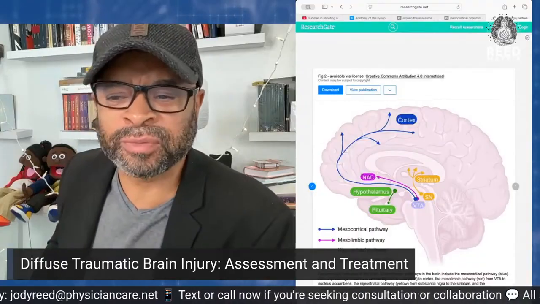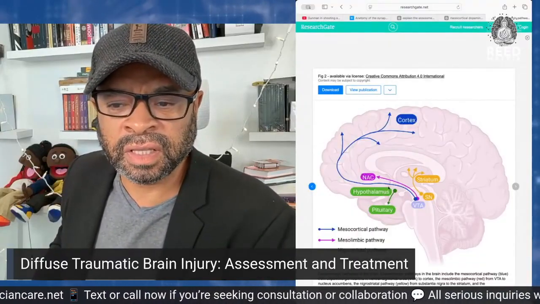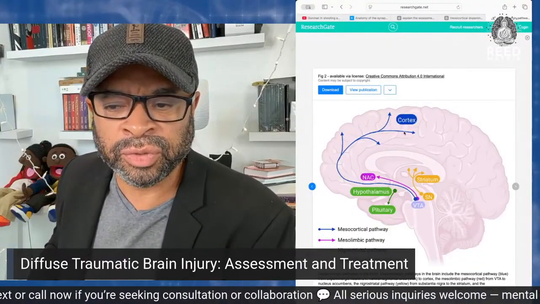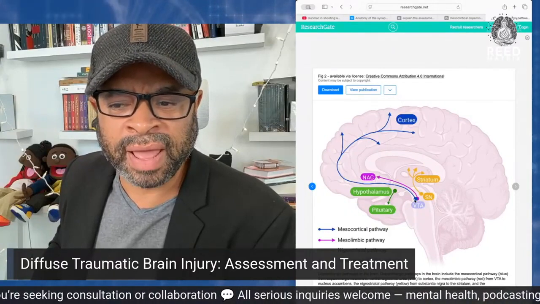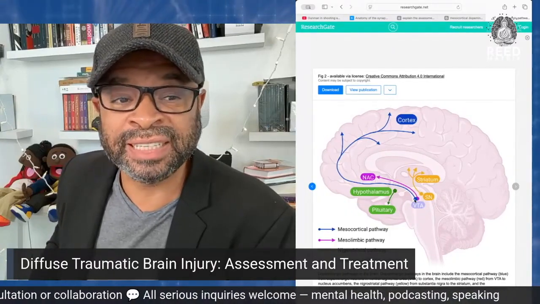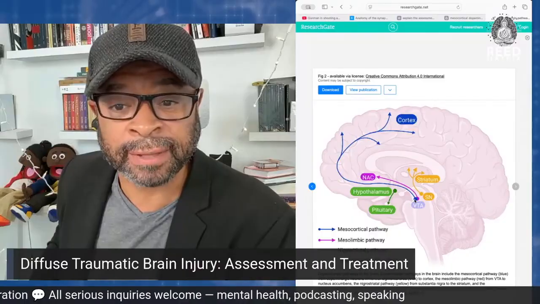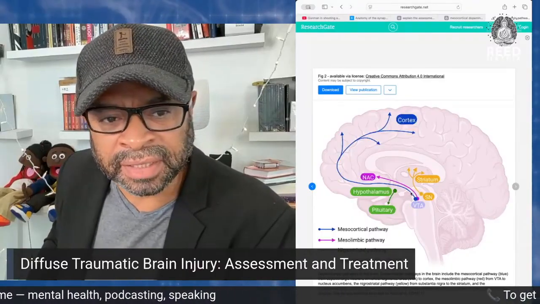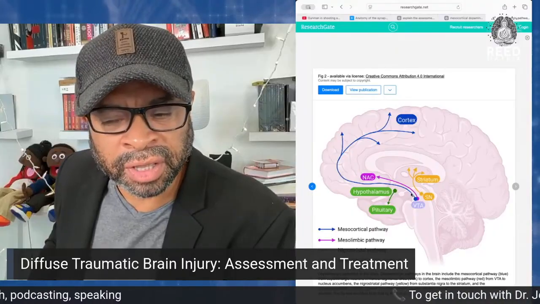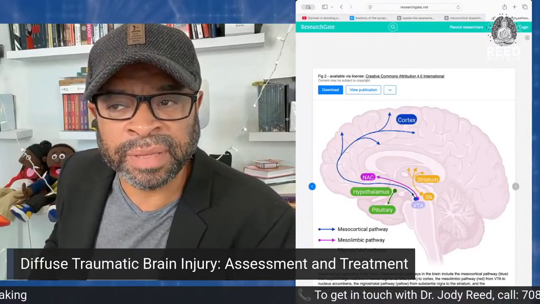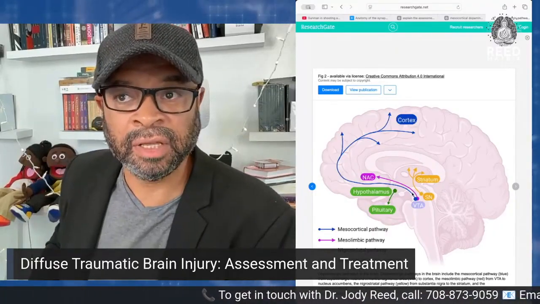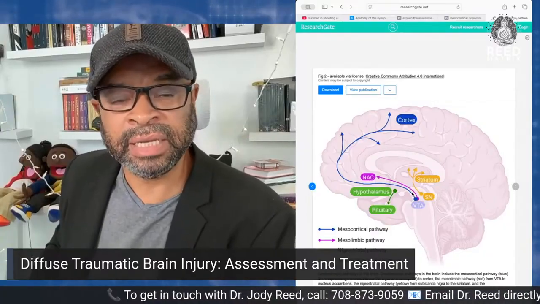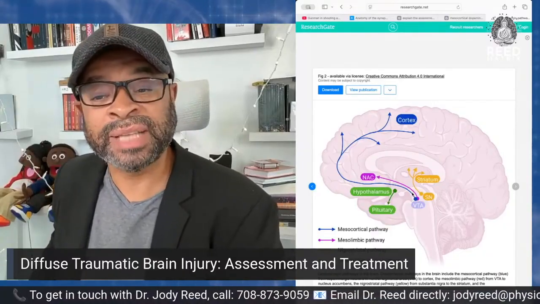It's educational purposes. So this is the major nerve bundle in your brain called your mesocortical pathway, that's primarily responsible for the symptoms of autism and schizophrenia. If the diffuse traumatic brain injury damaged this root at the stalk, then the entire network becomes unstable, meaning it's no longer regulated, meaning there are times when the network becomes hyperactive.